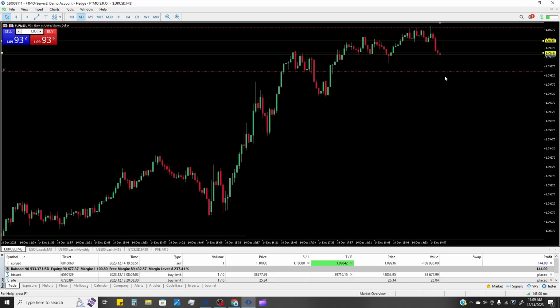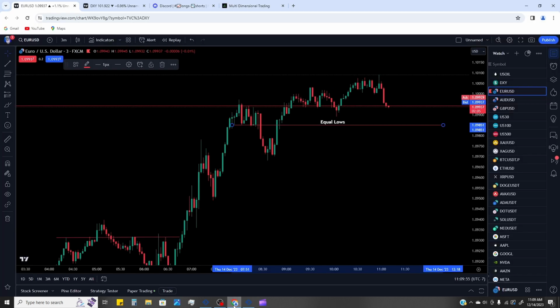It could bounce there, sure, but we're not going to long the top of a run when the 4-hour is coming down on us. That's the part of looking at multiple dimensions and multiple measurements.